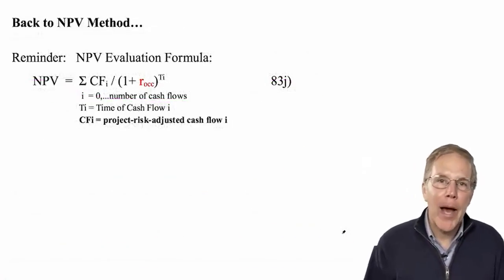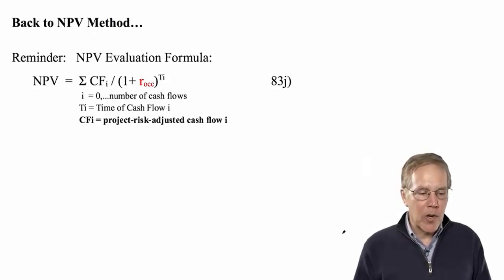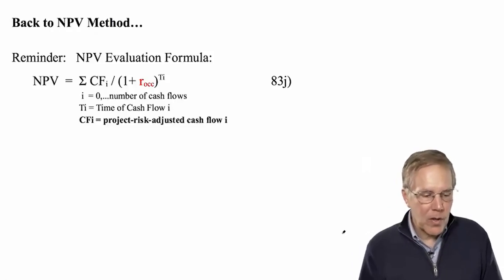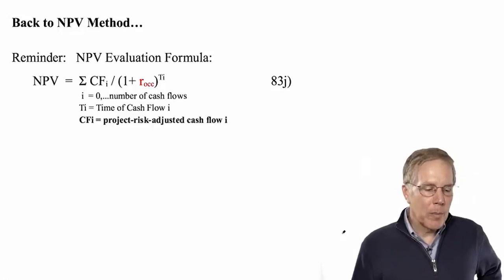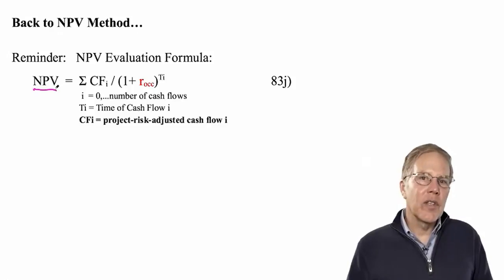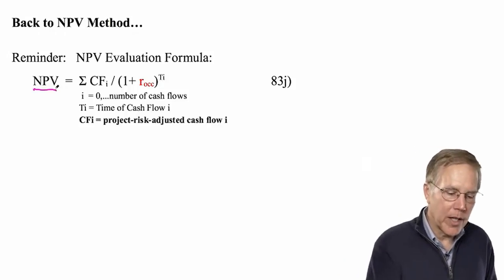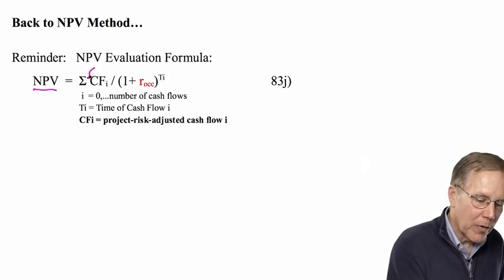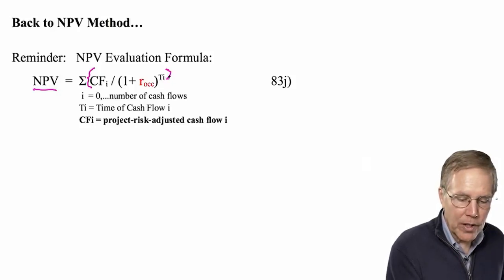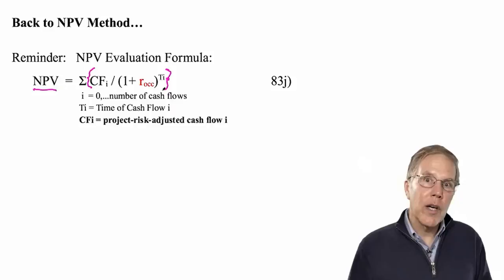Okay, so now we need everything we need to know to jump back into the NPV project evaluation method. Here's a reminder of the formula. The net present value of a project for one player is the simple algebraic sum of every cash flow for this project, for that player, which has been discounted back to t equals 0, using what?